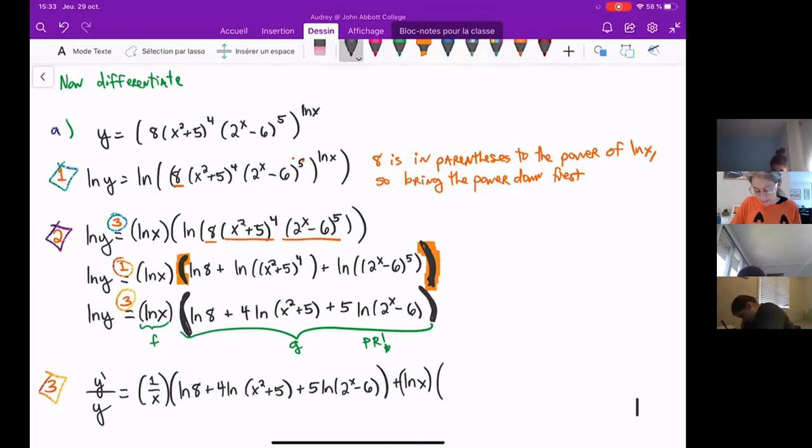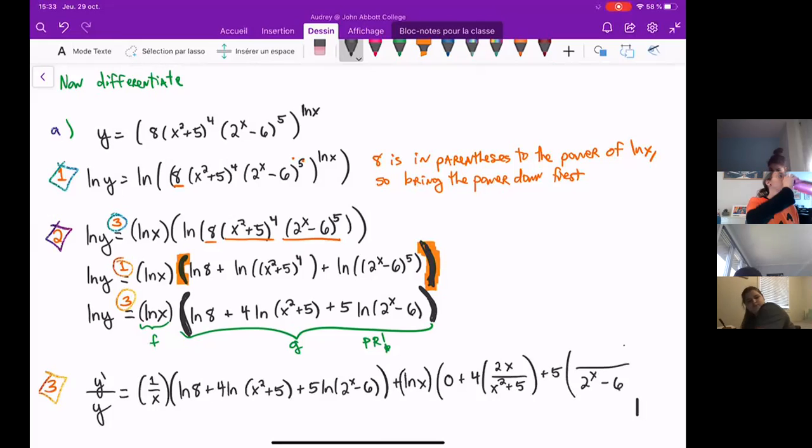So the derivative of ln 8 is 0 plus 4 times 2x over x squared plus 5 plus 5. What goes on the top of that? What's the derivative of 2 to the x minus 6? What should I put on the top there? You got it, Nick. Good job. 2 to the x ln 2.